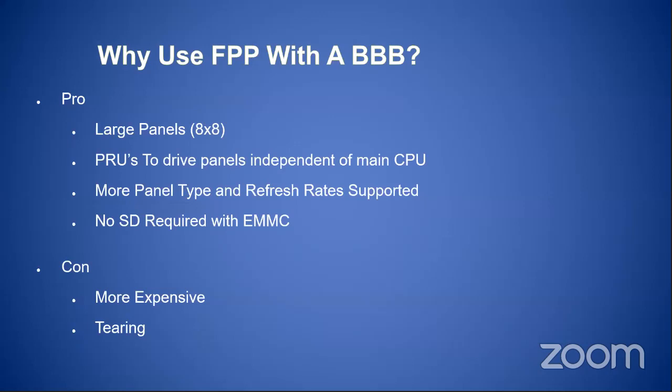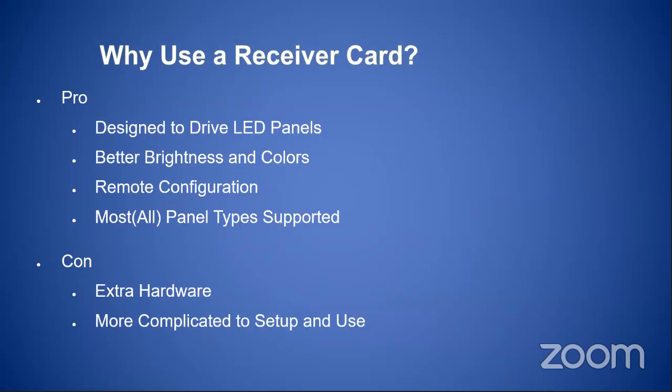And then tearing. Again, I always say Colorlight is greater than BeagleBone is greater than Pi. Once you get to 12 panels, I always send you over to the Colorlight card.